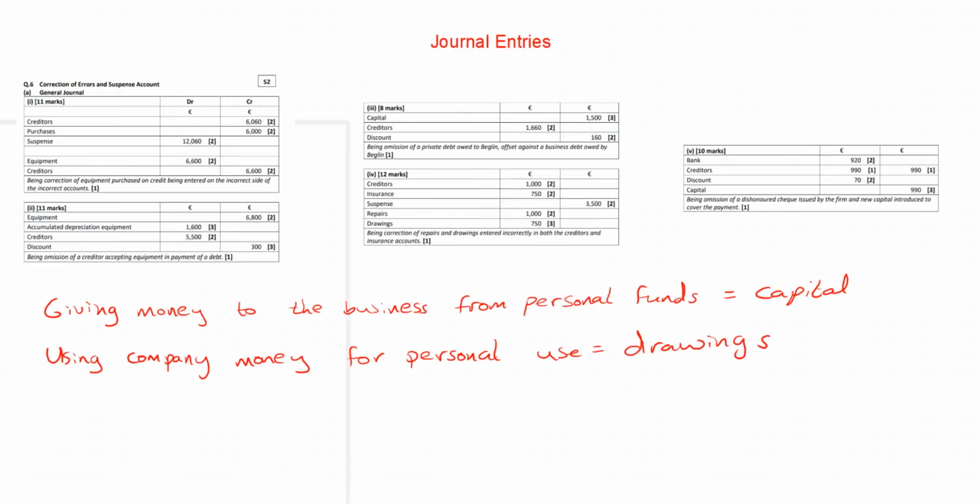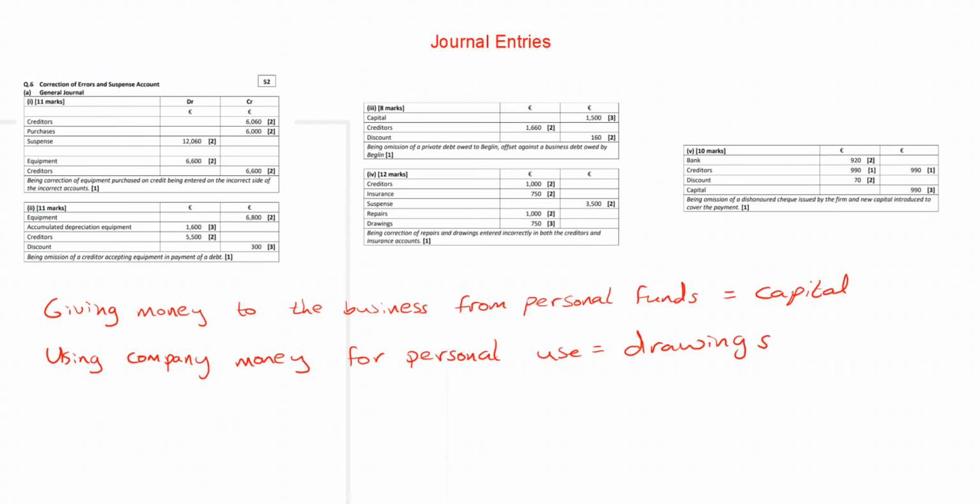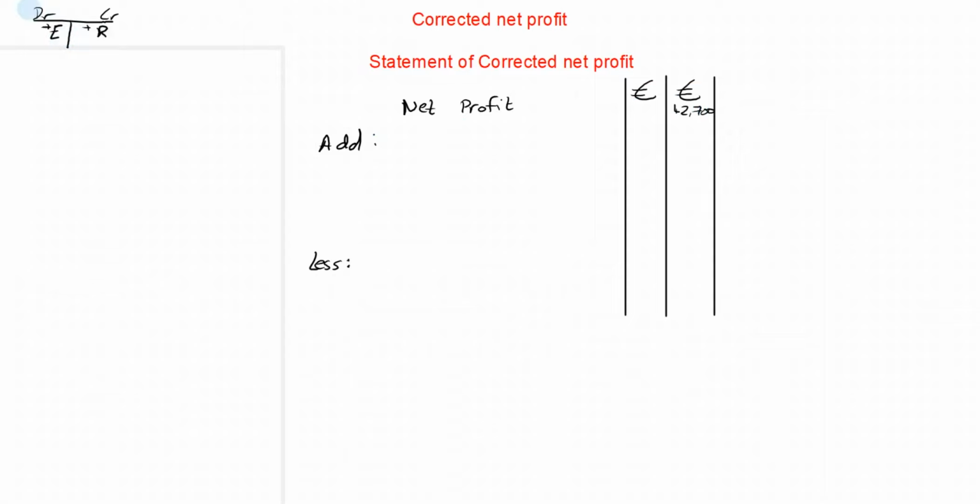So going back to our T account, purchases of 6,000 is on the credit side. I did my little Earl up there. It's on the credit side, which means it's actually going to increase my net profit.